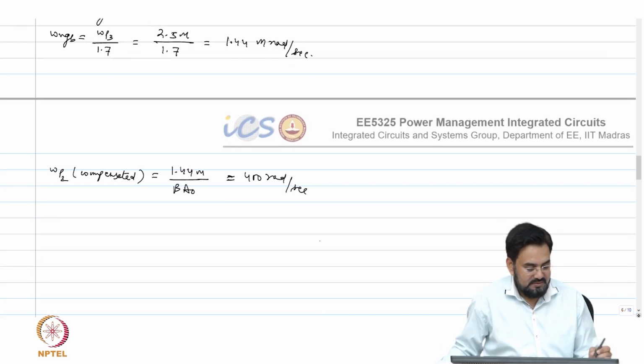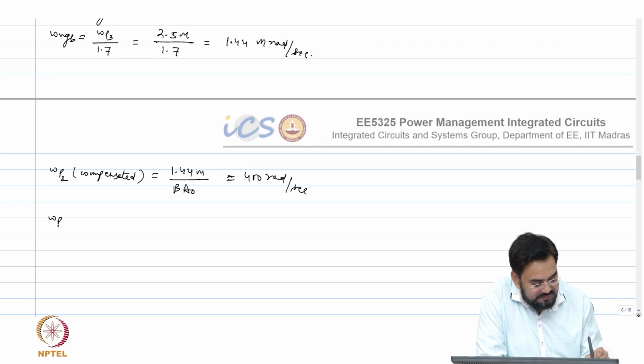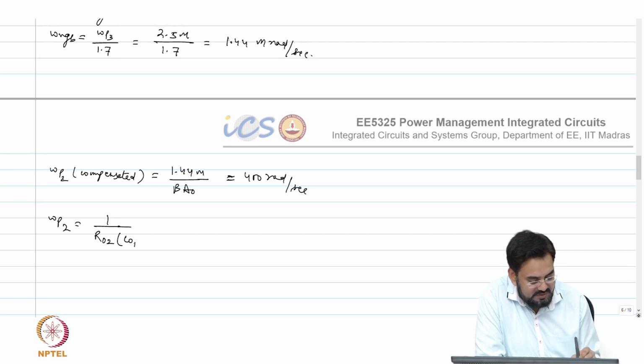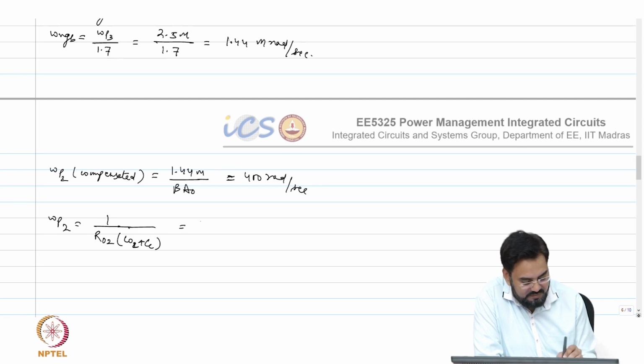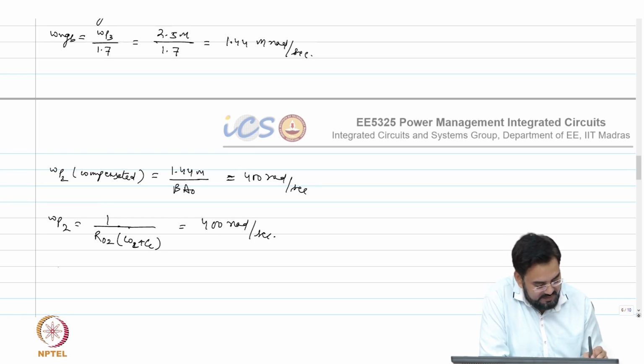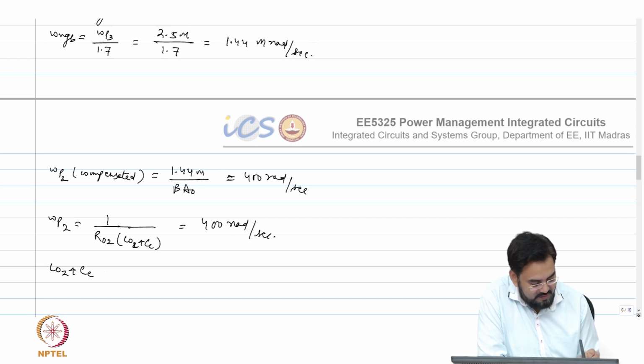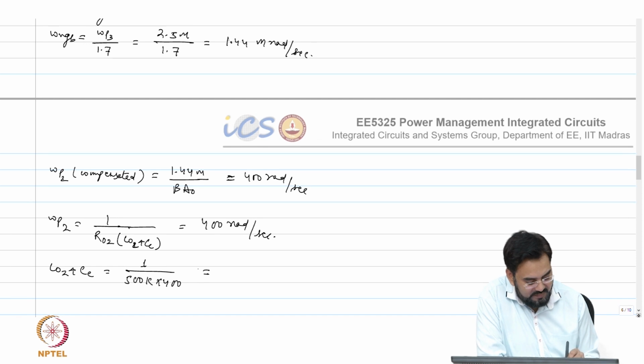Okay, omega P2 is known, 1 over RO2 times (CO2 plus CC), which should be 400. So we need to find CO2 plus CC equal to 1 over 500K multiplied by 4.